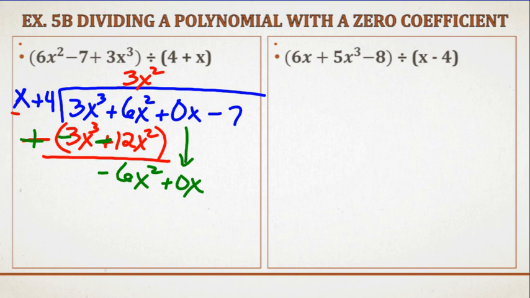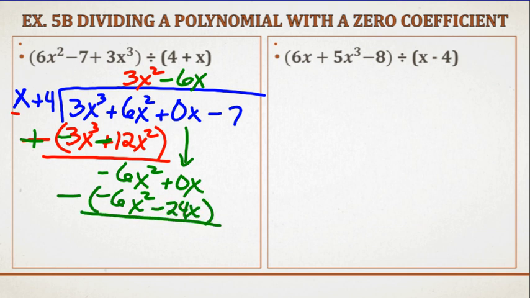So what do I multiply x by to get this negative 6x squared? I multiply it by a negative 6x. So a negative 6x times x is a negative 6x squared. Negative 6x times 4 is a negative 24x.